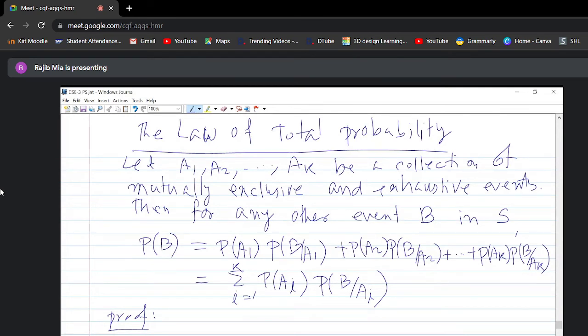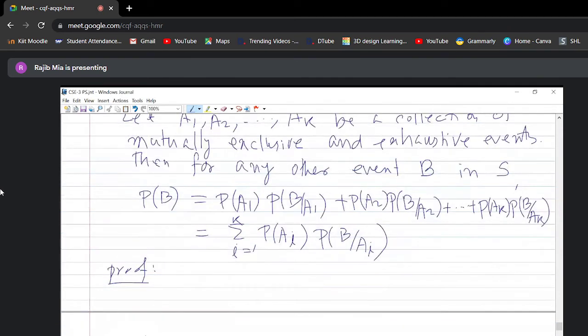See what information is given in this statement. First, they are mutually exclusive and second, they are an exhaustive set of events. By using these two pieces of information, you can easily prove this.